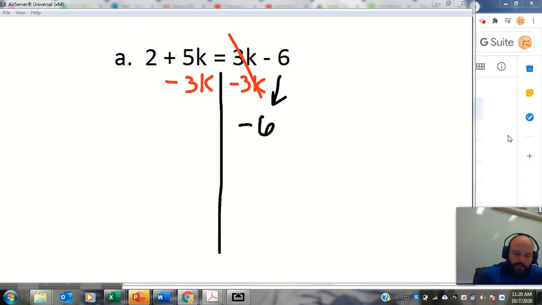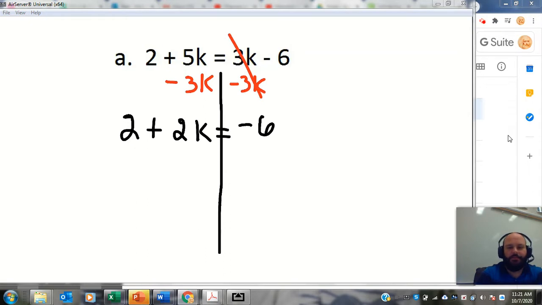This negative 6 comes down, the k's go away. On the left-hand side, we still have our positive 2. And then 5k minus 3k becomes positive 2k. And then I draw my equals.